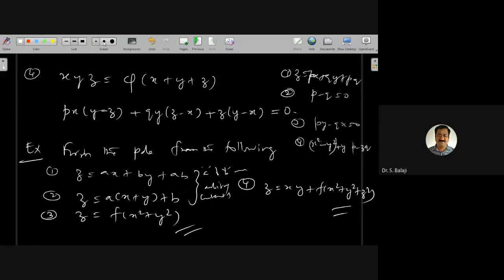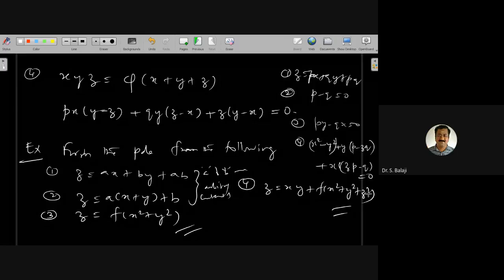Y is common. So y into p minus zq, plus x into zp minus q, equal to 0. Very good. Fantastic.